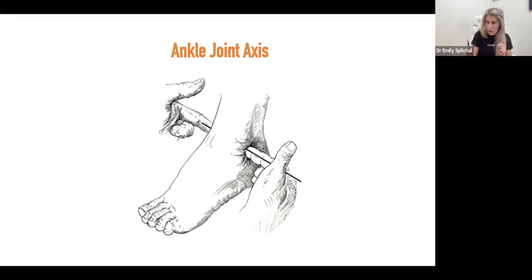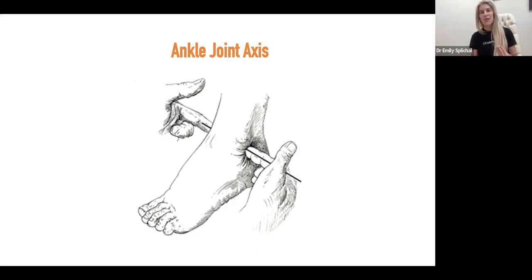Now in the foot and ankle, sagittal motion in the ankle is dorsiflexion, plantar flexion, right? Transverse plane motion in the foot and the ankle is going to be, I don't know if anyone knows. Transverse plane motion in my shoulder is rotation. Transverse plane motion in my spine and in my pelvis is rotation.